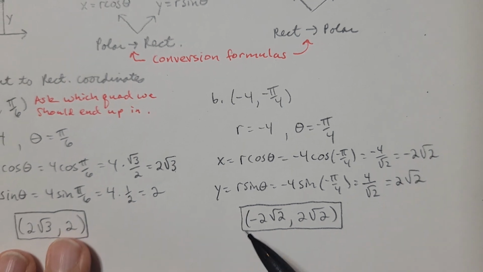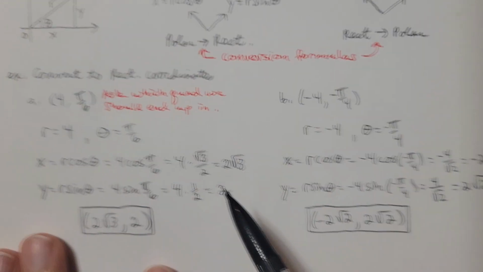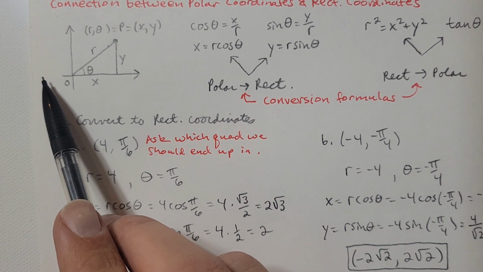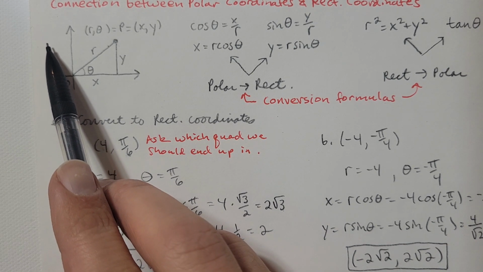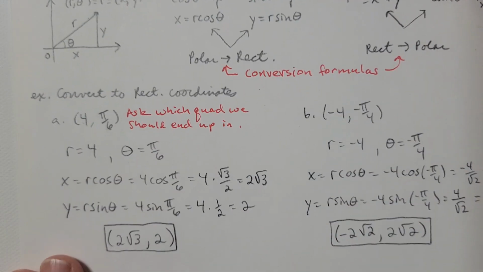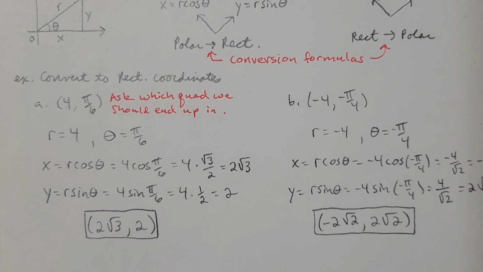So this would be the answer in rectangular coordinate form. I go left 2 root 2 increments, and then up 2 root 2 increments. That puts me in quadrant 2, which is the same quadrant as -4, negative pi over 4.